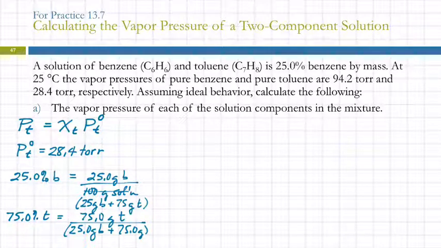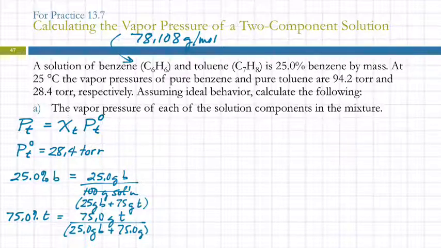So we need some molar masses, don't we? We need a molar mass of benzene and one of toluene. Benzene: 6 times 12.01 plus 6 times 1.008, which is 78.108 grams per mole.